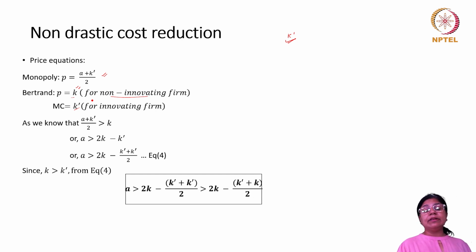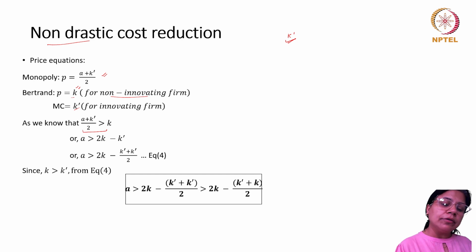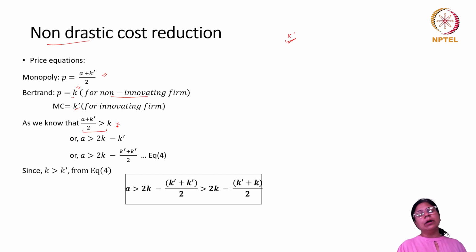Now, given the special circumstance of a non-drastic cost reduction, the way we have defined it earlier, very clearly we know that the price charged in this particular case by the monopolist is going to be higher than the marginal cost that exists before the innovation. So a plus k prime by 2 is now going to be greater than k. In case you have a confusion, you can go back to the earlier lecture where we discussed the definition of drastic versus non-drastic, and this will fall into place.